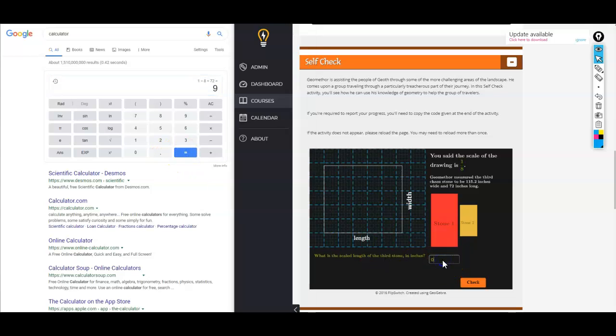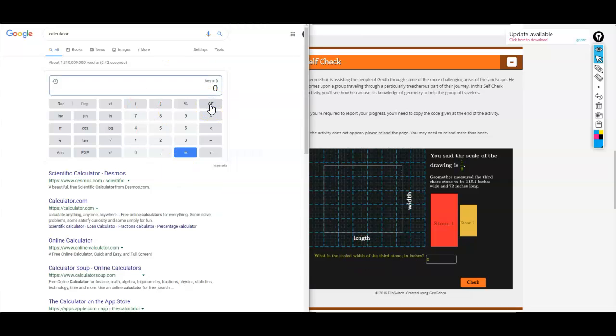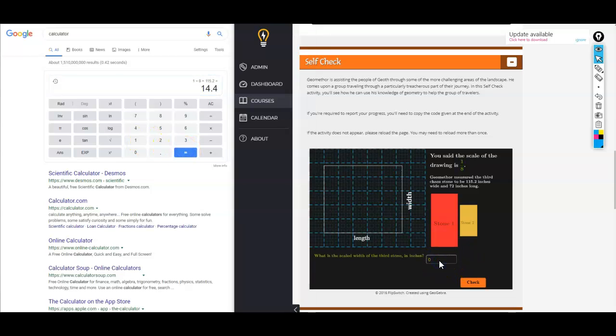And that gives us 9. So our third stone is 9 inches. What is the scaled width of the third stone? So the scaled width, again, is our scale times the actual width, which is 115.2. And this is going to give us our scaled width of 14.4 inches.